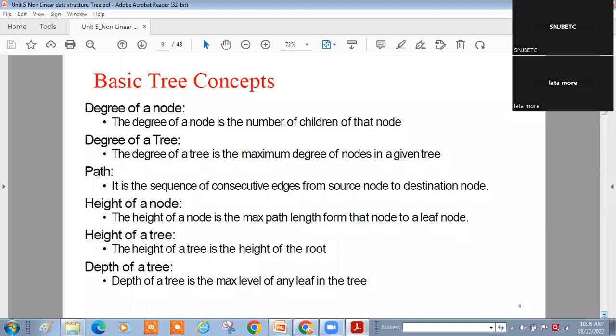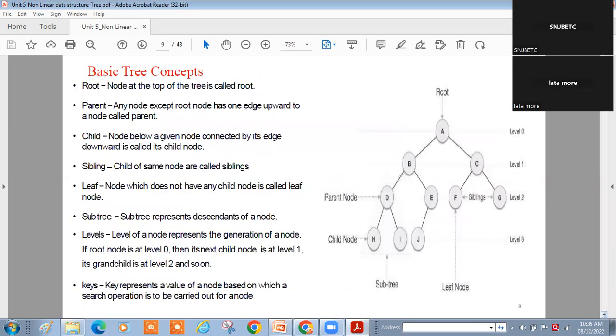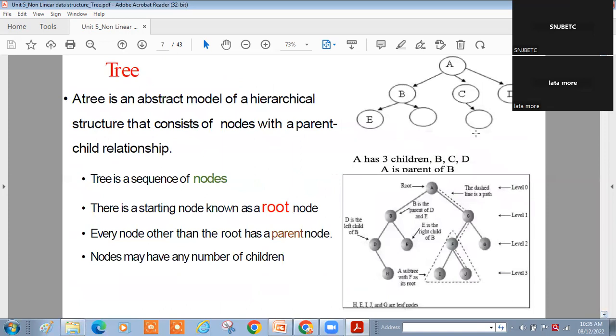Next is the path. Path is nothing but a sequence of consecutive edges from the source node to the destination node. In the previous diagram which you have observed, this dotted line is the path. Suppose I have to find the path for J. To find the path for J, I must start from the root node.